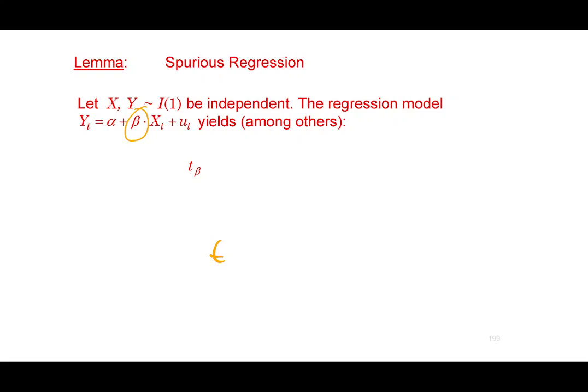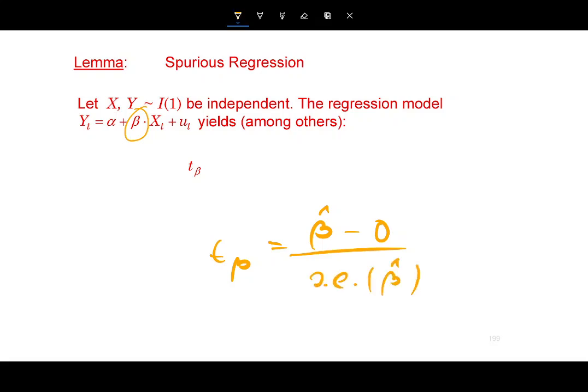How? The test statistic is actually the estimate minus 0, because you test 0. So that's the test statistic that I'm talking about. You test for significance, and then you would consider the standard error of that estimate, right? So the standard error is the estimated standard deviation. You might remember what that was, right?